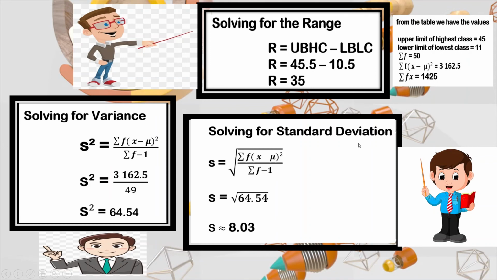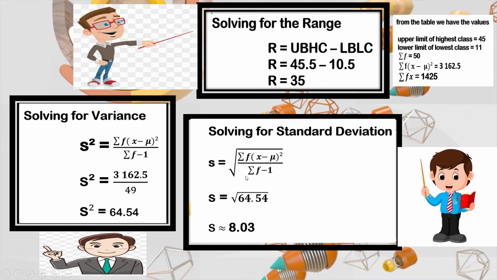Now solving for standard deviation. Since your formula is the square root of the variance, you are only to take the square root of that variance, 64.54. Again, why do we do that?